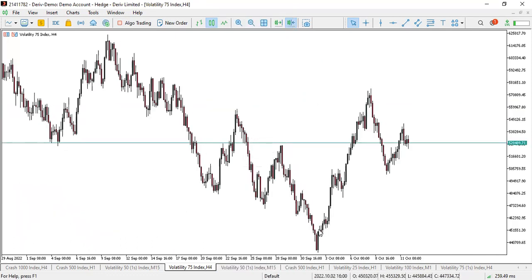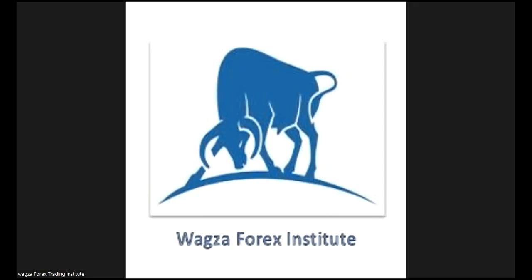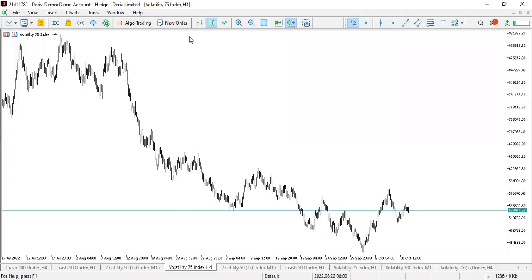So guys, if you can check, sometimes you might find something like this. Here the market was trending down for some time. Sorry for my mistake, I ended that chart.